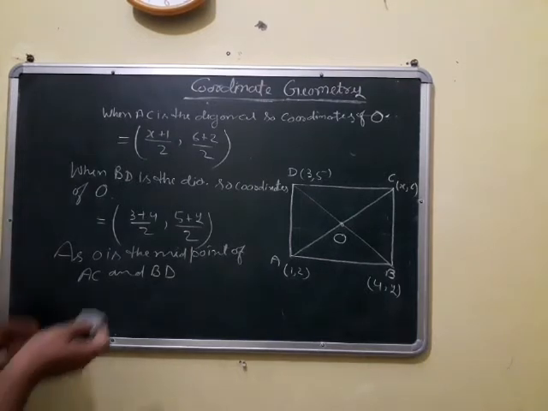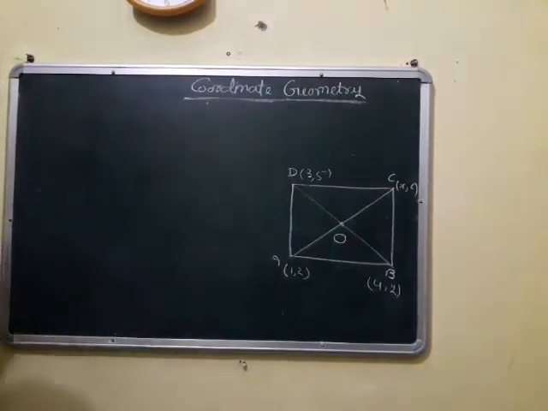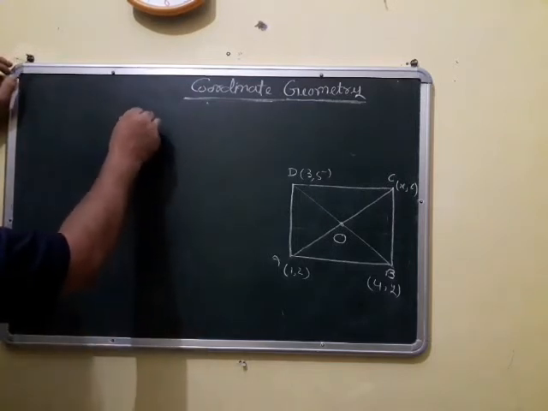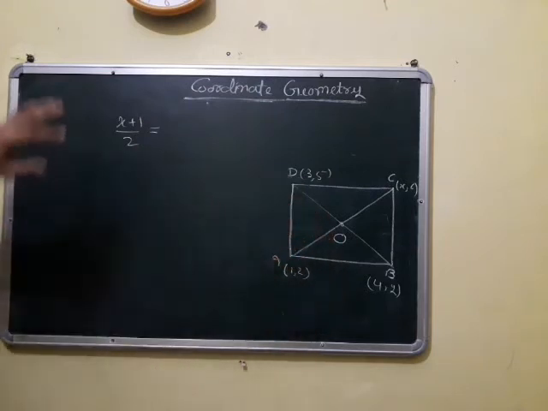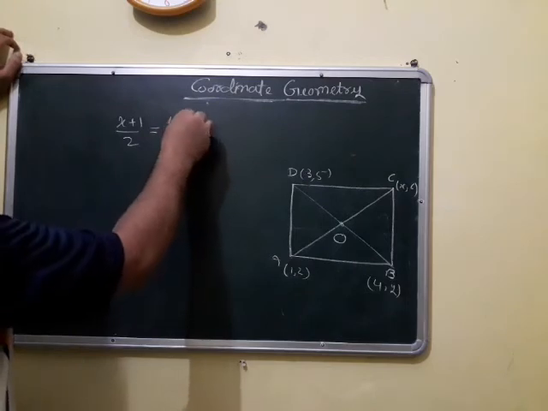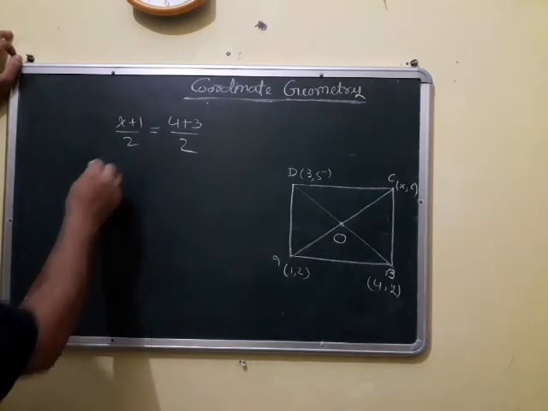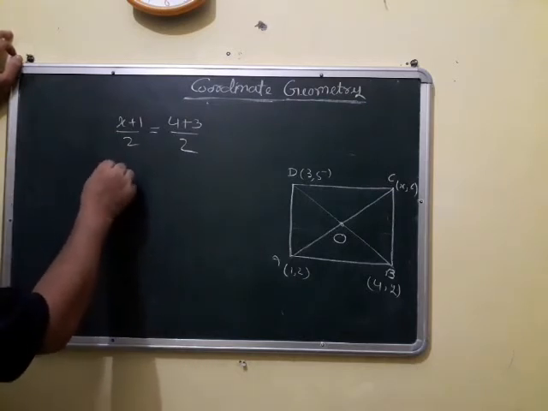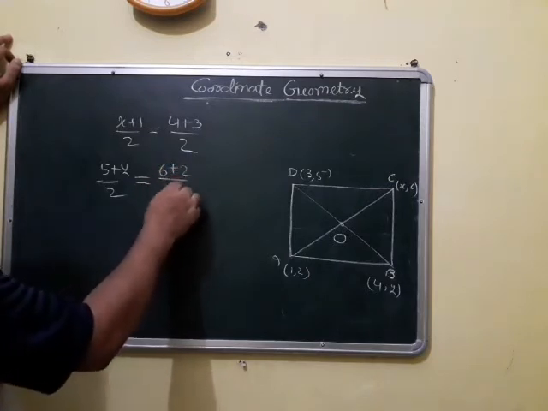Now look here. (x + 1)/2 is equal to (4 + 3)/2, and next, (5 + y)/2 is equal to (6 + 2)/2.